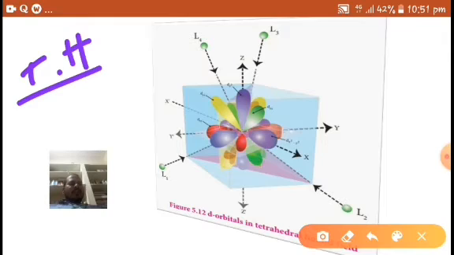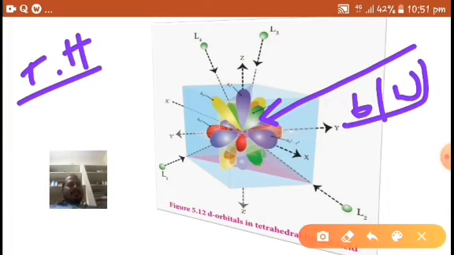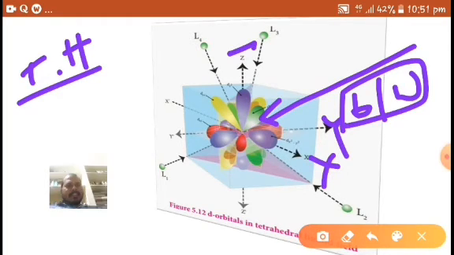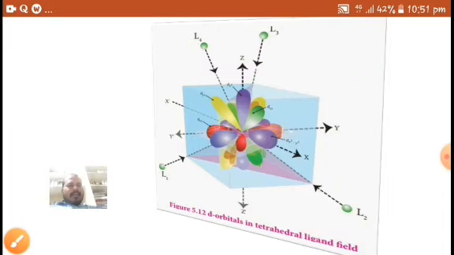complexes, ligands approach the metal ion between the axes, from between the axes. Here there is the x axis, y axis, z axis, right?